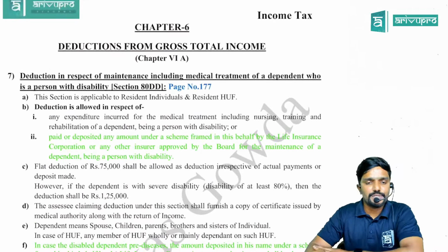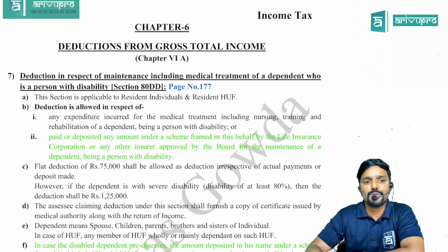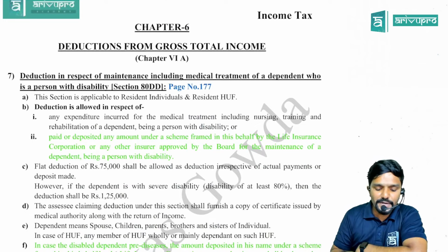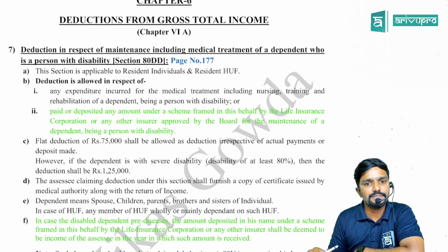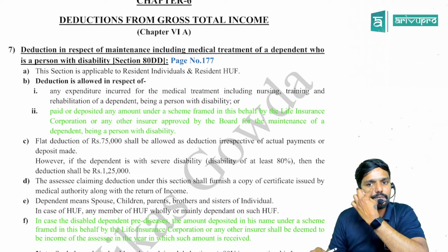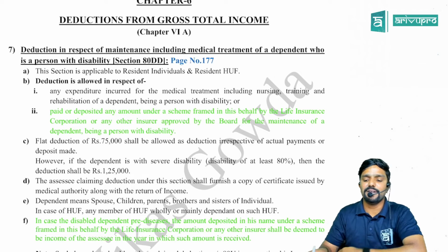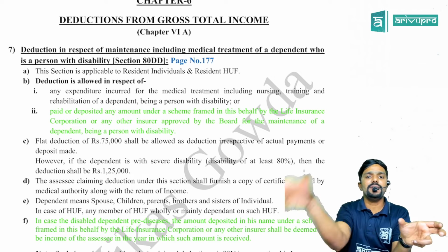Coming to chapter 6, which talks about deductions from gross total income. Under that 7th point, that is 80DD deduction. Deduction in respect of maintenance including medical treatment of a dependent who is a person with a disability. DD means dependent disabled.